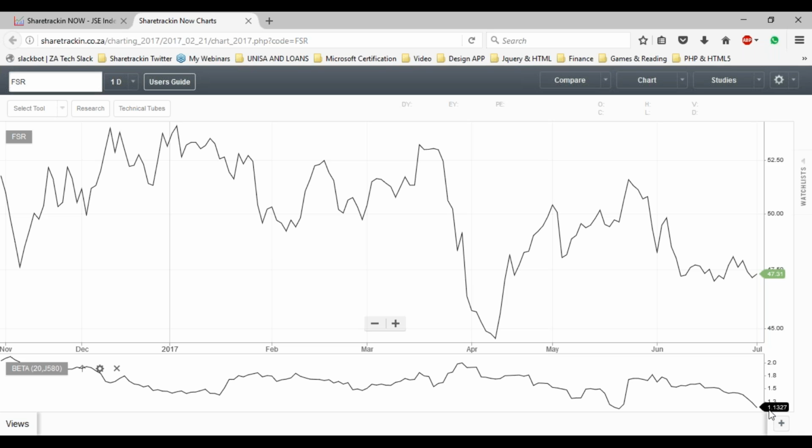So it will move more than the index. And obviously this means that the share at the end of the day is a little bit more volatile than other normal shares.